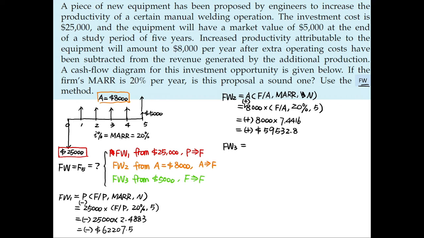The third part already occurred at the end of the 5th year, so you don't have to convert anything. So it is positive 5,000. Okay, now you need to sum the 3 parts up to know what the total FW is.